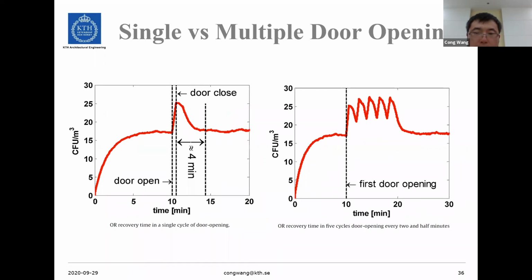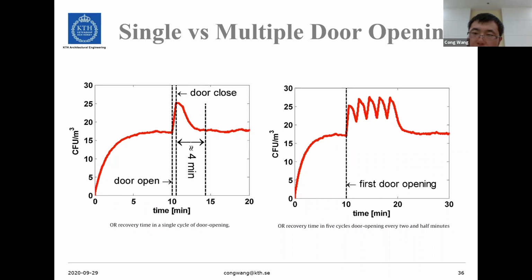But then you may wonder, how about multiple door openings? In some types of surgeries, the door opening can be quite frequent. For example, it can be one door opening every 2 minutes. Under the multiple door openings, we can see the airborne contamination level shown in the figure to the right.